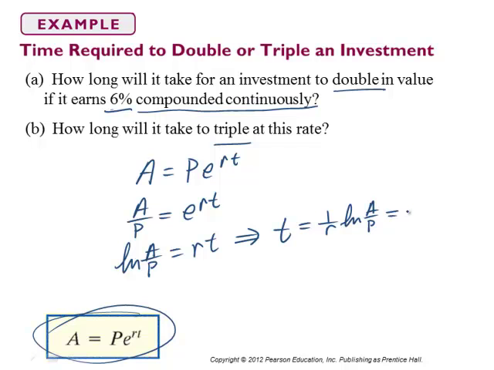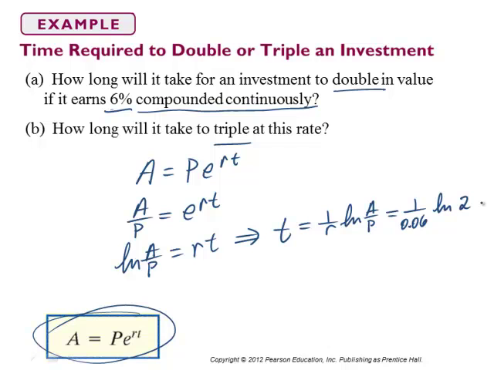And now you could plug in your 6% for R, natural log, and it's a doubling problem, so A is going to be twice P. So A over P is just really going to be 2. So you have natural log of 2 divided by 0.06.